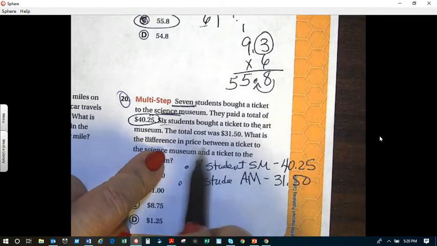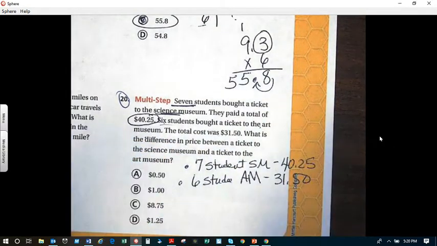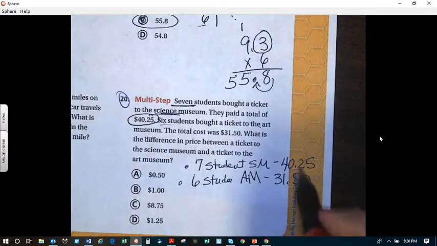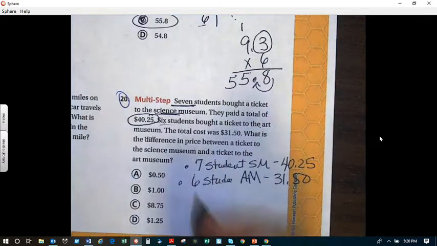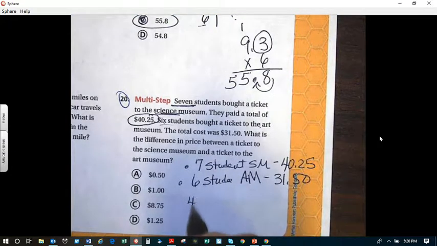What is the difference in price between the 2 tickets of the Science and Art Museum? All right, so now what do we need to do? Yeah, we're going to have to divide. So I have my total cost here. My first problem is $40.25 divided by 7.